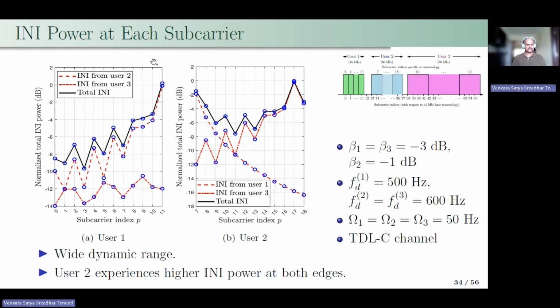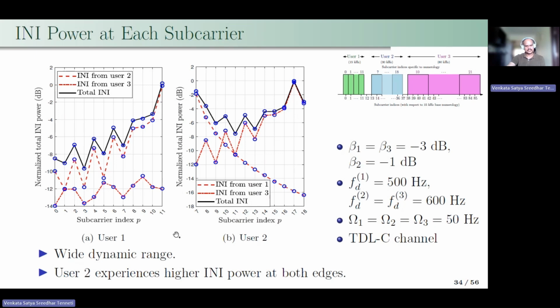So in this plot, we are showing the normalized total INI power, which is summed across the receive antennas, as a function of the subcarrier index for both the users. Along with the total INI power, we are also showing the individual contribution of INI power from each interfering user. The subcarrier allocation is once again repeated here for reference.